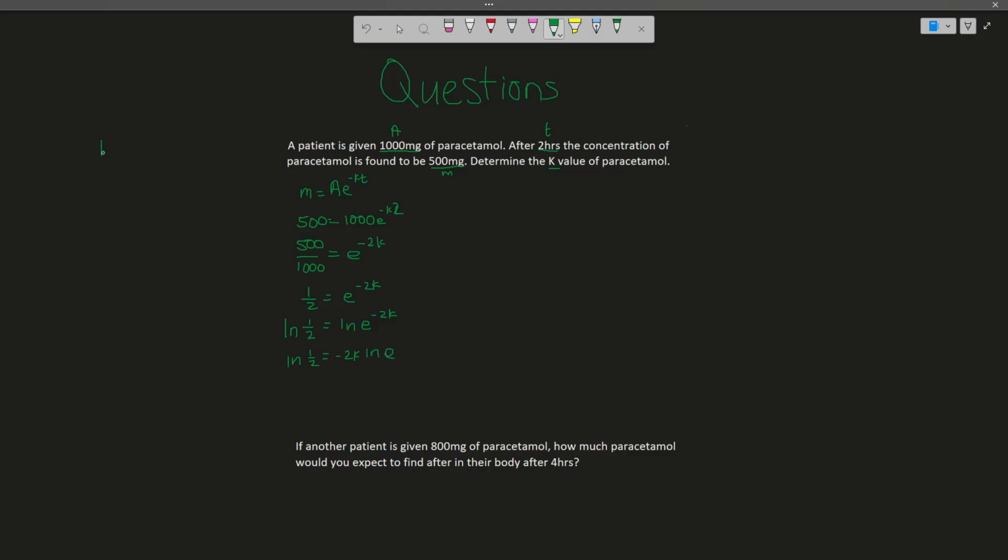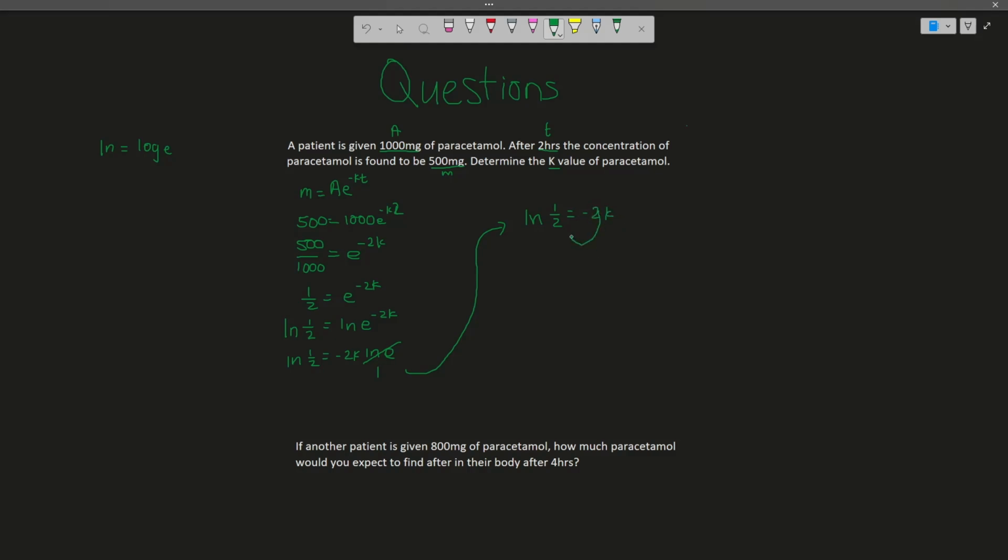Now we know that ln is really equal to log e. This means that the number that we're logging and the base is the same. So this cancels out and gives us 1. 1 times anything is itself. Therefore, ln 1/2 is equal to negative 2k.